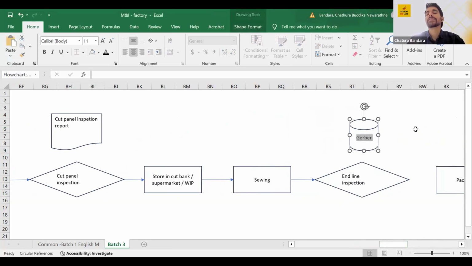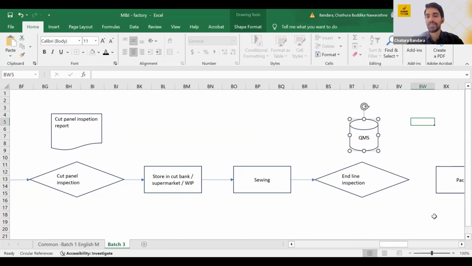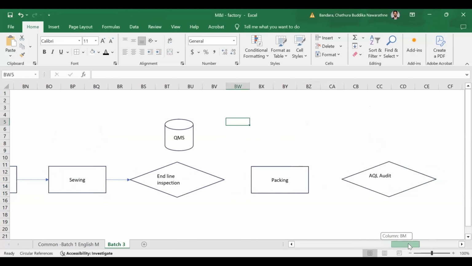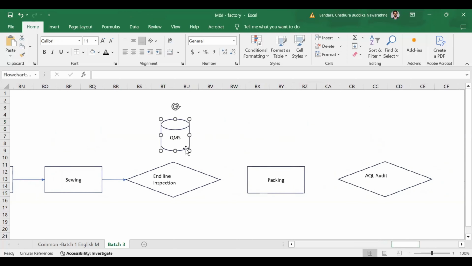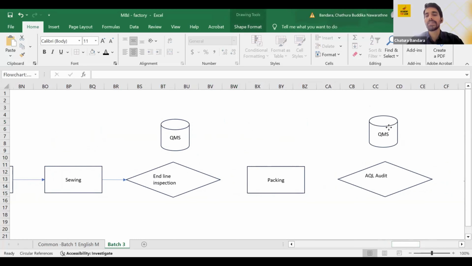QMS, Quality Management System. We have the YMAC system. QMS, I'll write down QMS, okay? Cut AQL audit, same. Yeah.